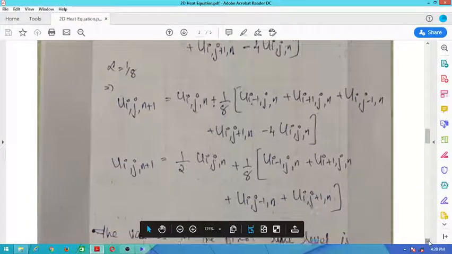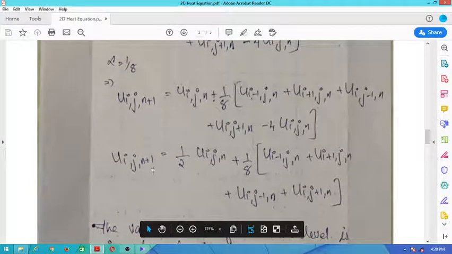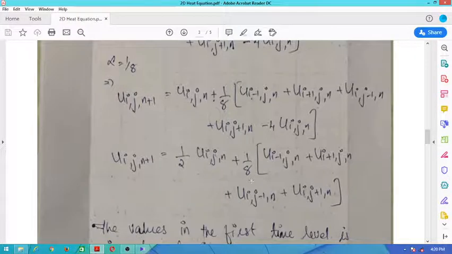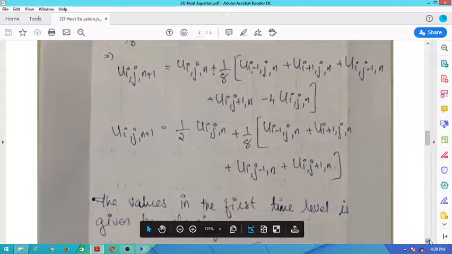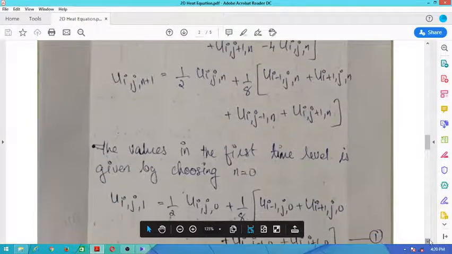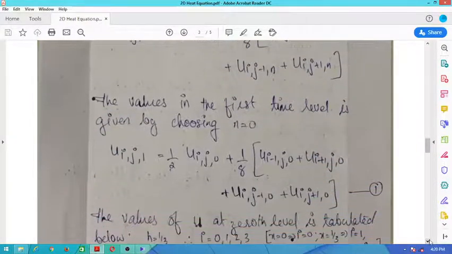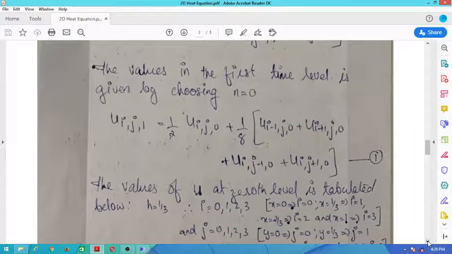We simplify and write u_ij,n+1 = 1/2 u_ij,n + 1/8 times (u_i−1,j,n + u_i+1,j,n + u_i,j−1,n + u_i,j+1,n). Now the values in the first time level are given by choosing n = 0. We choose n = 0 in the above equation.